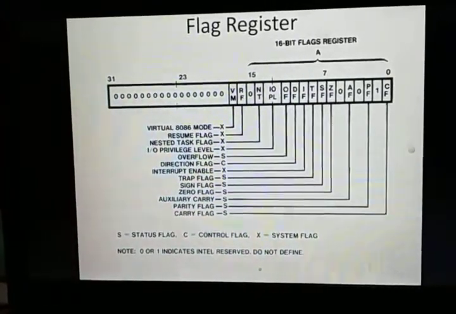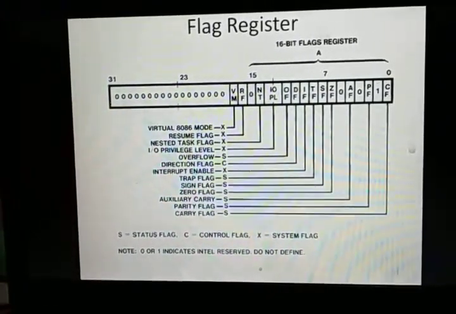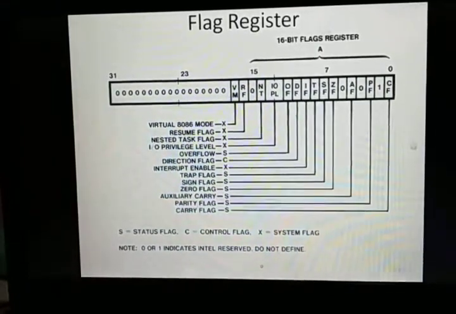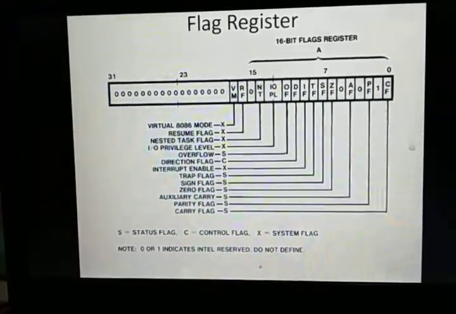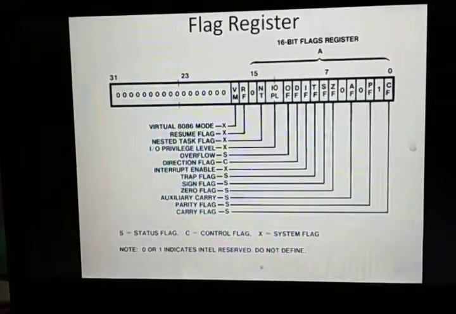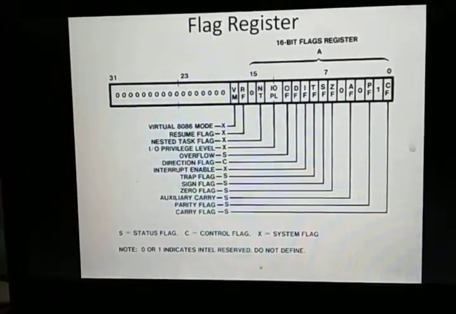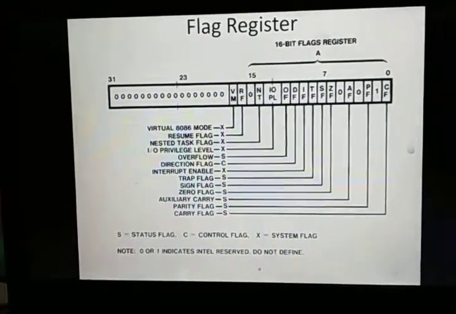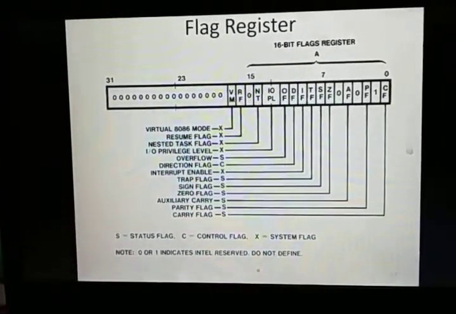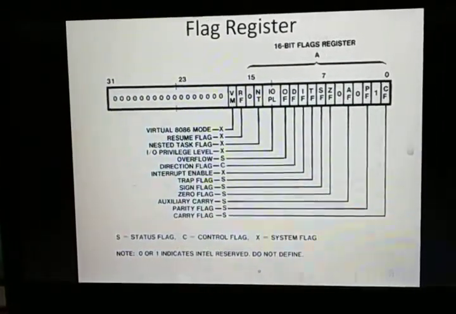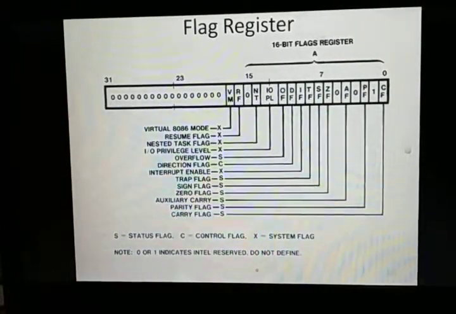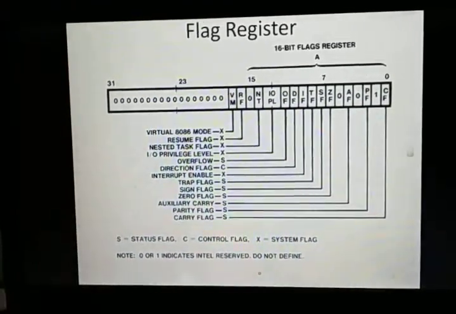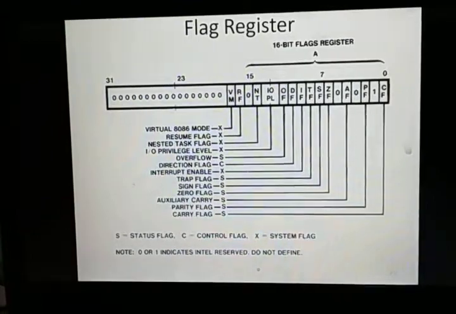Whenever you add two 8-bit or 16-bit numbers and a carry is generated at the most significant bit, the carry flag is set to 1, otherwise its value is 0. In this diagram you can see many bits are 0 and 1; these bits are undefined or not used for the 80386 processor.